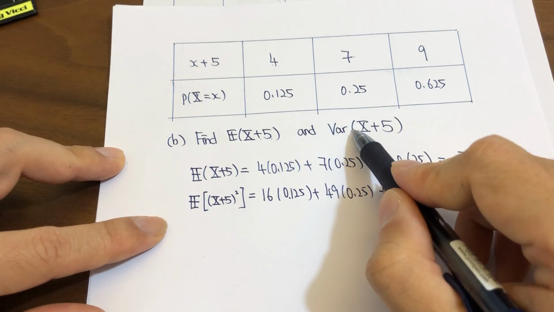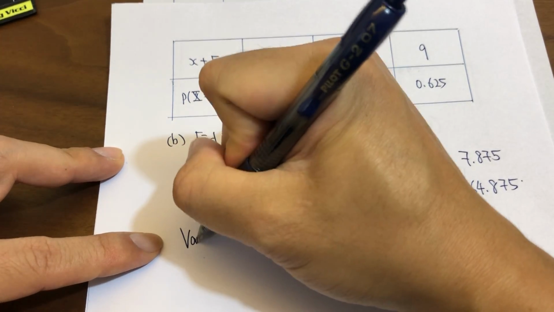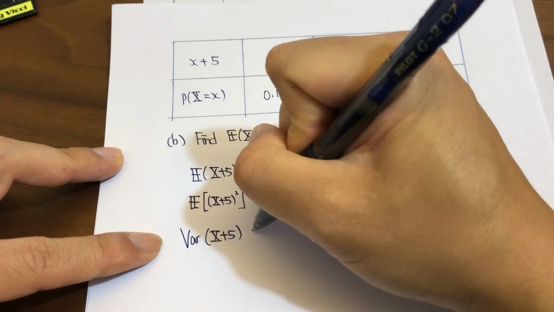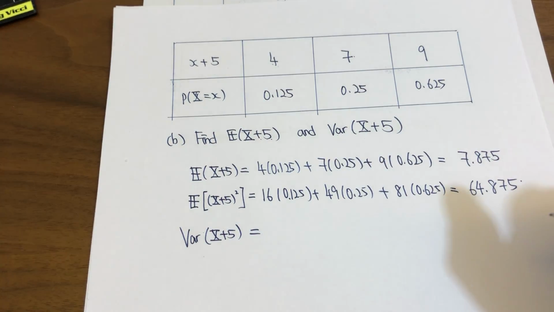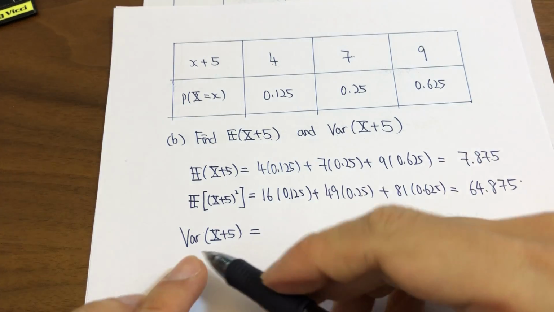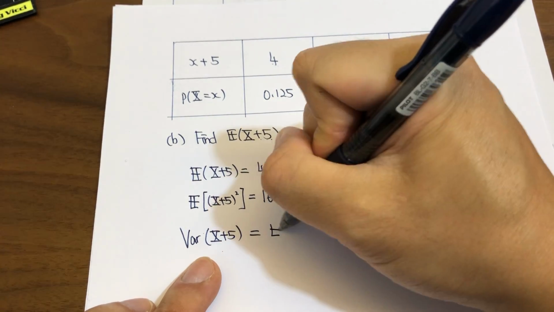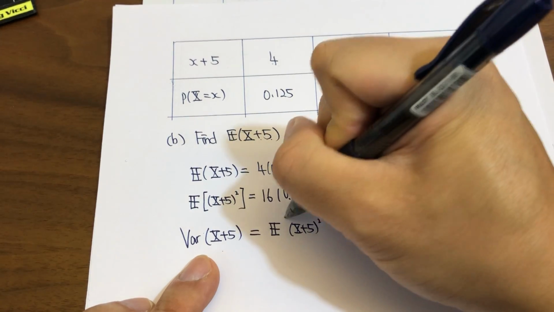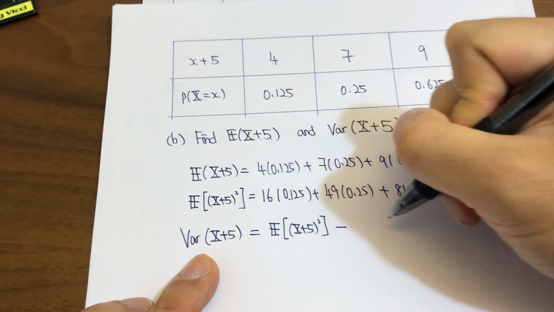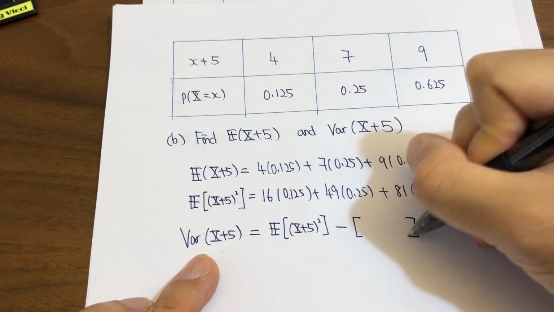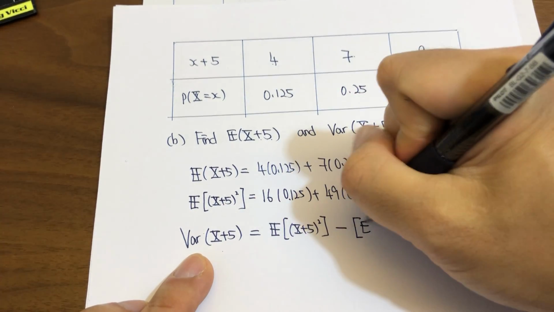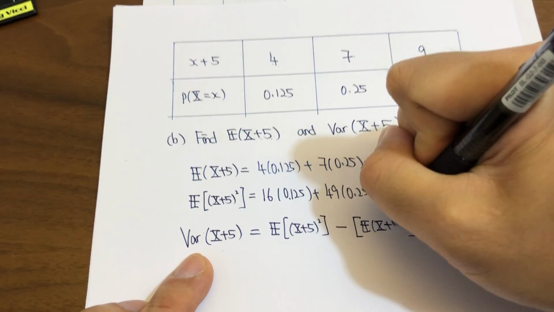So we are now ready to find the variance of x plus 5. Remember the formula? The formula is, first of all, the expected value of (x plus 5) squared minus something squared, which is just the expected value of x plus 5.